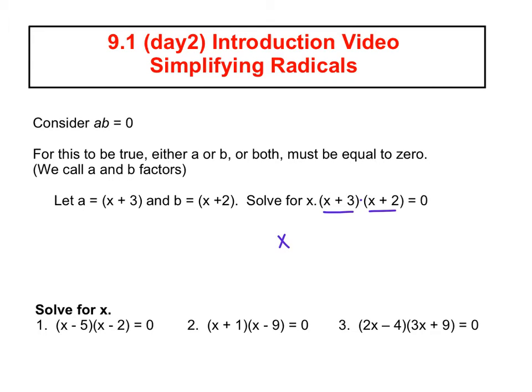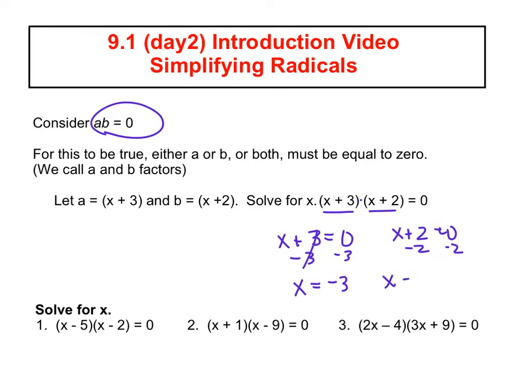So using this A times B equals 0, we're saying that either x plus 3 has to equal 0, or x plus 2 has to equal 0, or both. So we will go ahead and solve both for x. So we subtract 3 from both sides, so x equals negative 3, and then we'll subtract 2, and x equals negative 2. That's an equal sign a little bit sloppy.